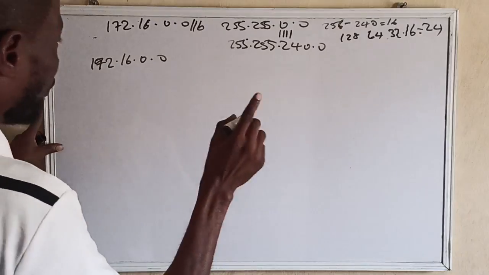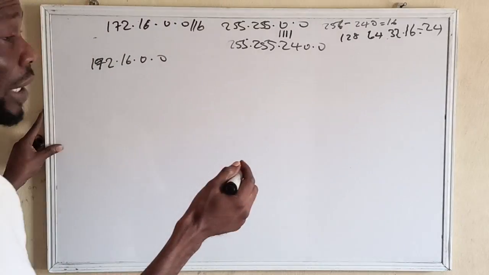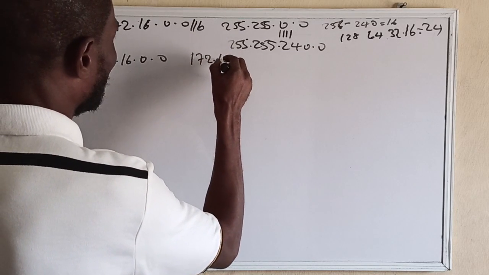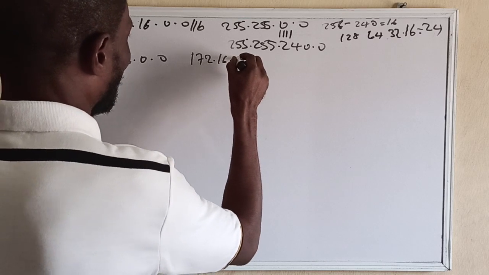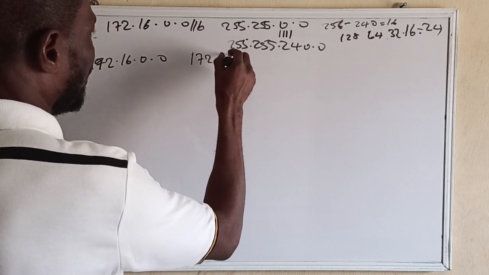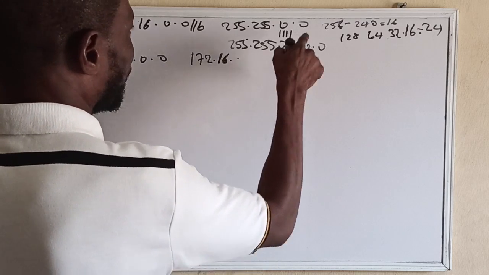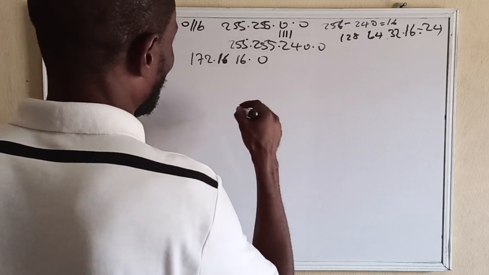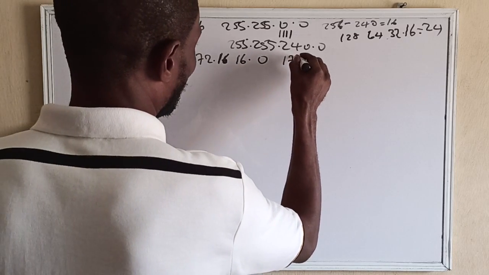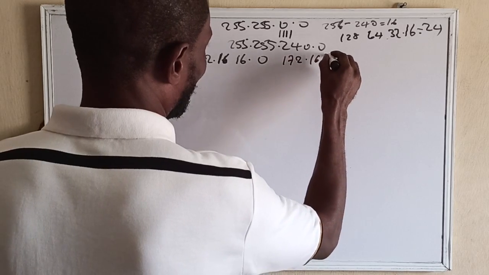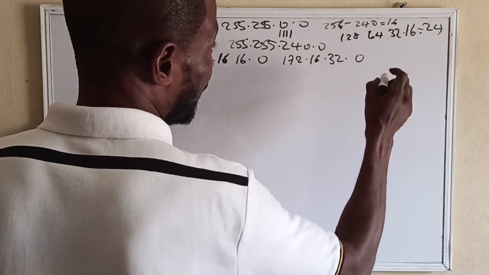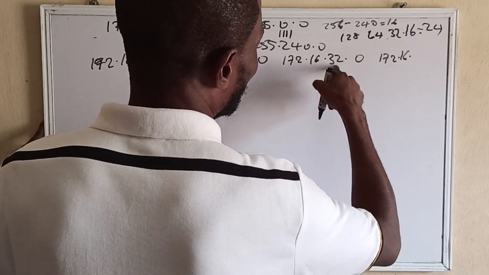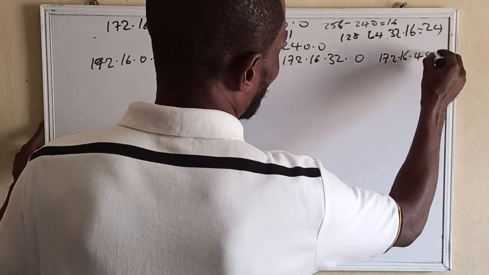Then we start 172.16.0.0, the first address space. Now 172.16.16.0, because it's from the third octet. Now 172.16.32.0. You see how it's going? 172.16.16 plus this, 48.0.